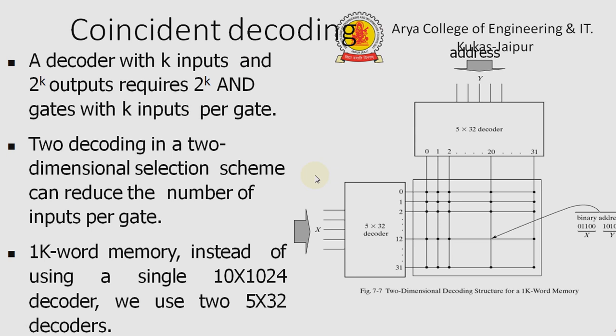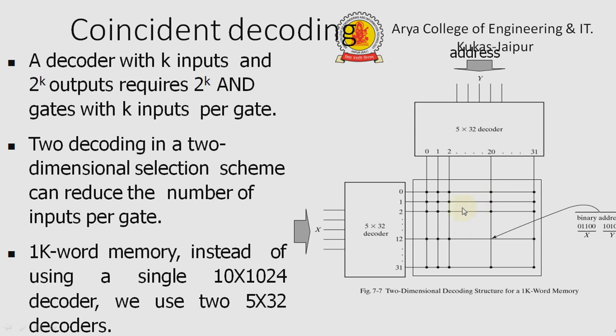The total number of gates and the number of inputs per gate can be reduced by employing 2 decoders in a 2-dimensional selection scheme. Here is one and here is one. Two k/2-input decoders are used instead of one k-input decoder. One decoder performs the row selection and the other decoder performs the column selection in a two-dimensional matrix configuration.